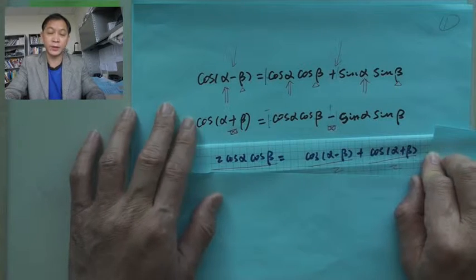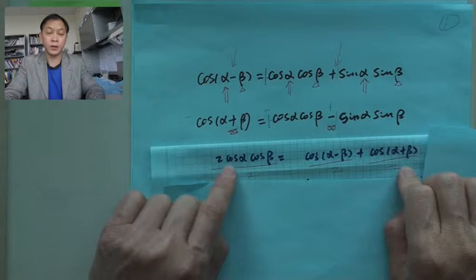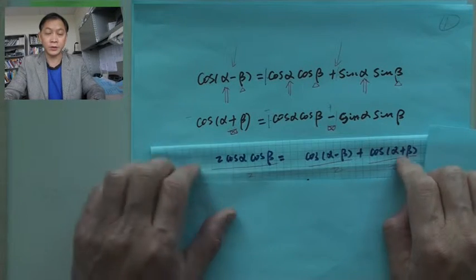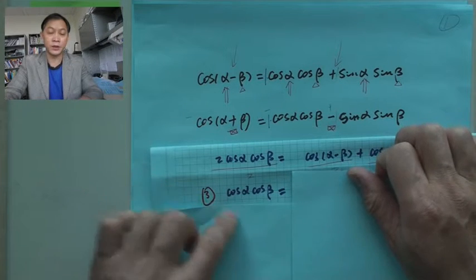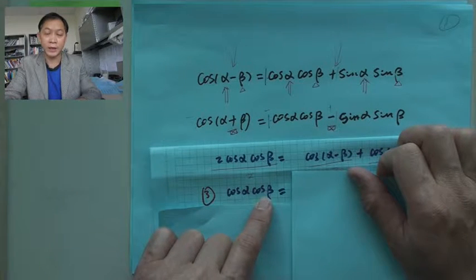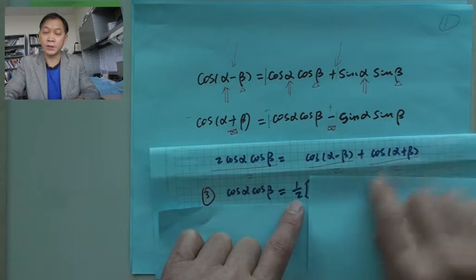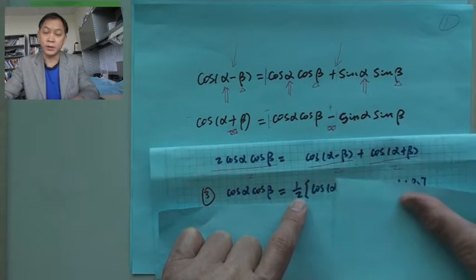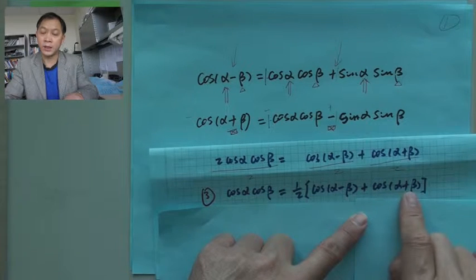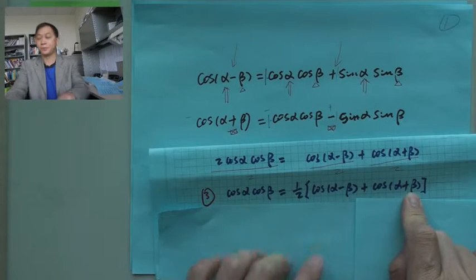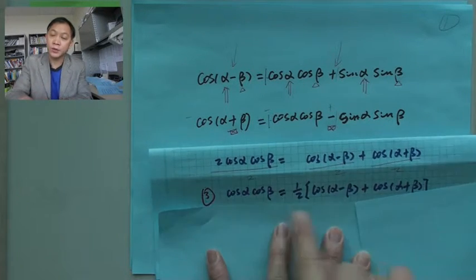And then if you divide 2 on both sides, these two will cancel these two. Then the left hand side you have is cosine alpha cosine beta. The right hand side you then have a 1/2 in front of it, and then cosine alpha minus beta plus cosine alpha plus beta. So this is from the product to sum.